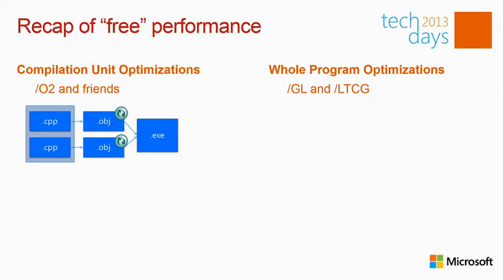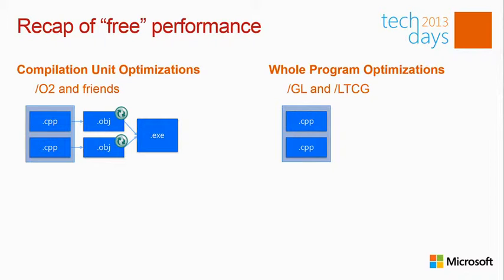You will spend some extra time building in your release build, but you get roughly, in the applications that we measure, on average 10% performance boost on straight line code, normal code. Your mileage will vary, but that's the average that we see just by throwing that switch. So just throw GL and LTCG, one on the compiler and one on the linker, and you get a performance boost. Now, how does that work, and why is it different from O2?